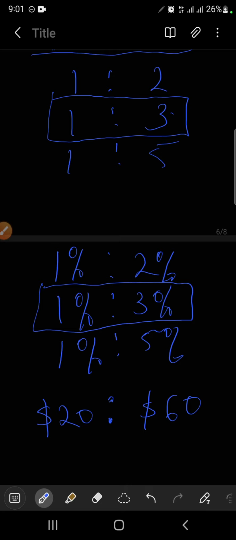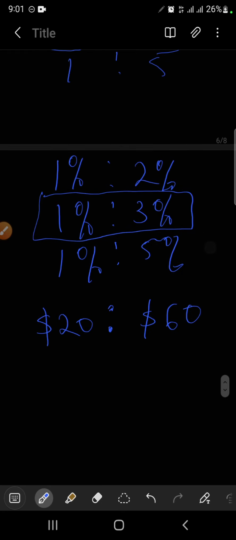With 1 to 3, you're willing to lose 1% and gain 3%. With 1 to 5, you're willing to lose 1% and gain 5%. In amount, it results to $20. So on any trade you're taking, you're willing to lose $20, and you're willing to gain $60.